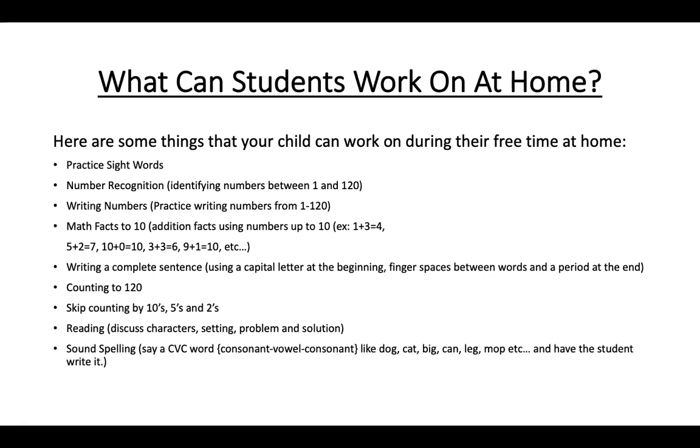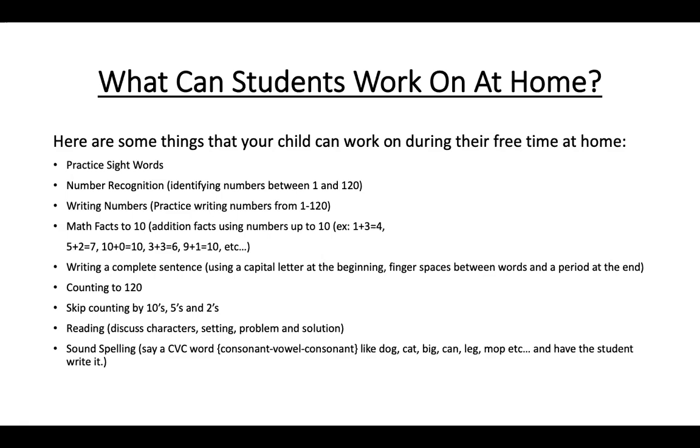Skip counting by 10s, 5s, and 2s. I did send parents a 120s chart so they can use that to help them skip count by 10s, 5s, and 2s. Reading, whether they're reading on their own or maybe that someone else reads to them, is great.